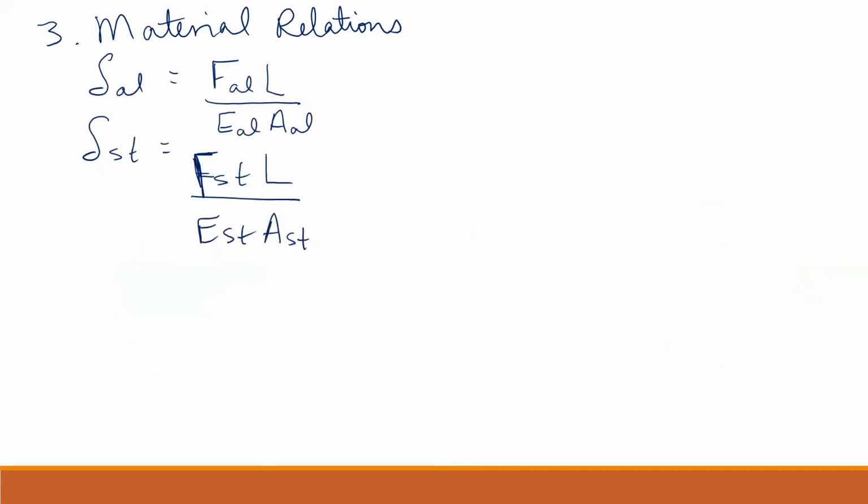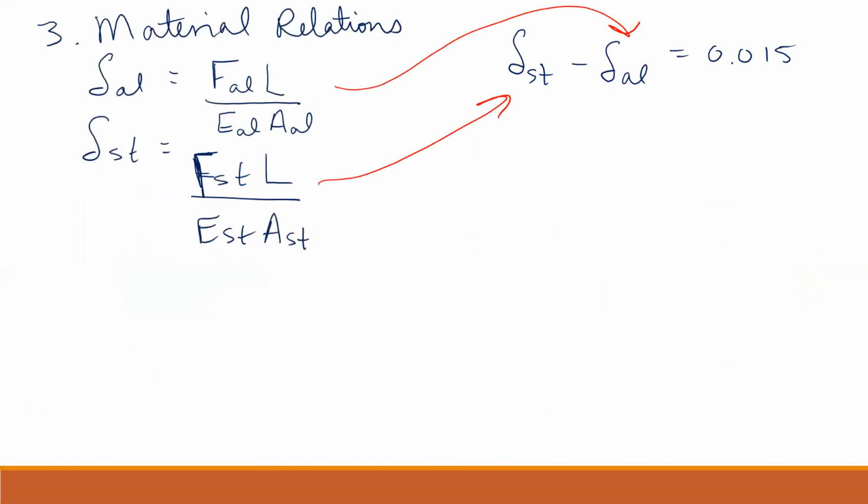Okay, so if we want to plug these in, remember we're plugging them into the equation that said the elongation of the steel minus the contraction of the aluminum equaled 0.015. At this point, I might remind you of our equilibrium equation.